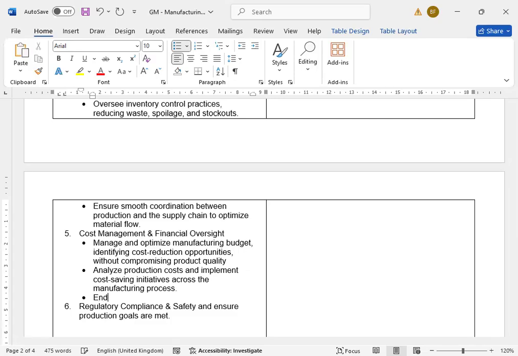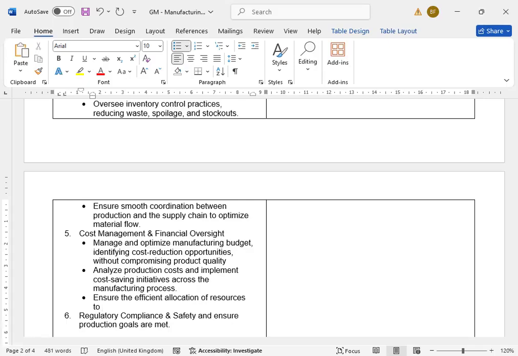Ensure the efficient allocation of resources to maximize production capacity.